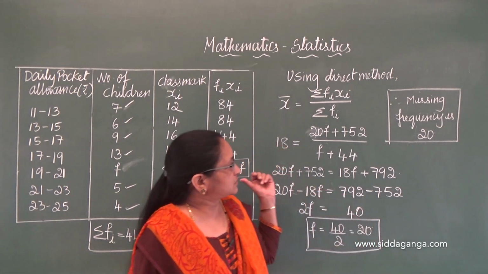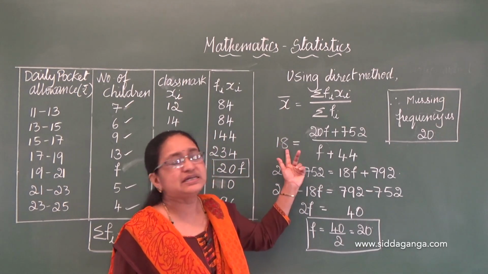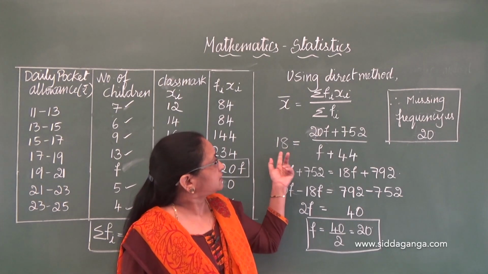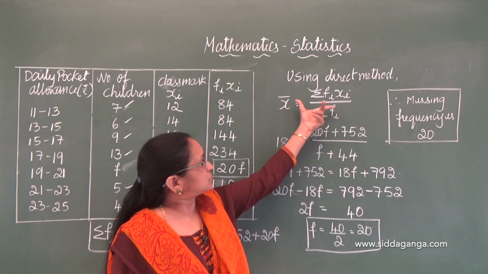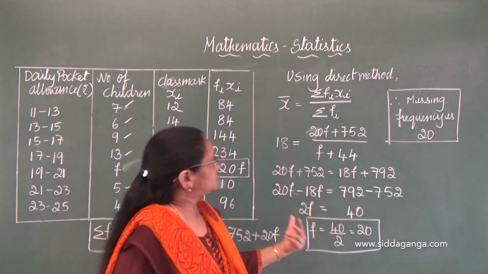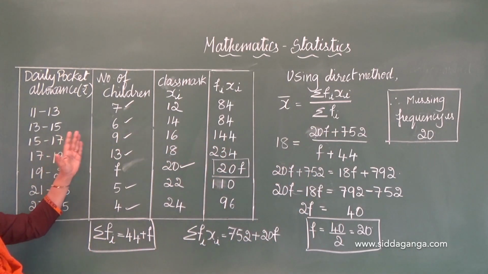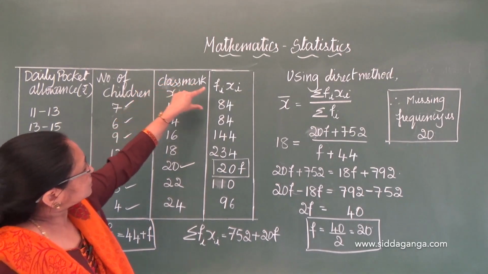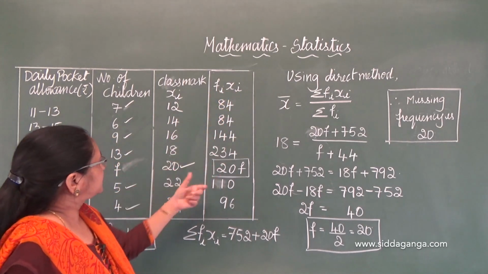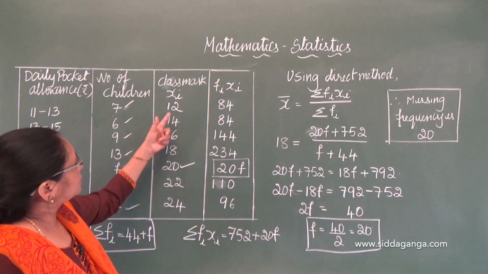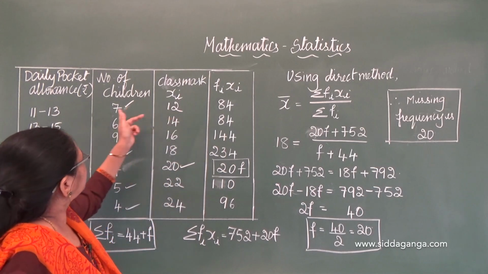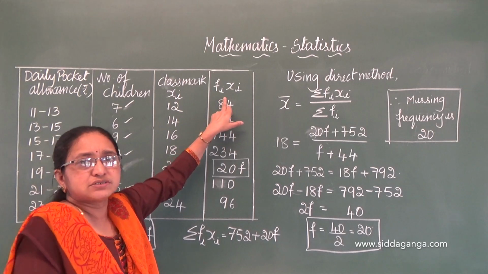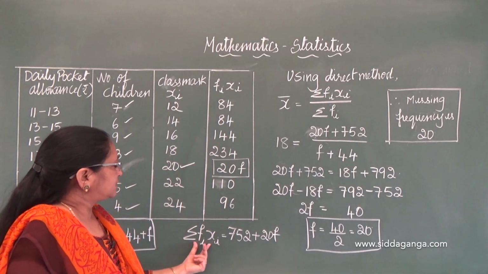So whenever they give a missing frequency, definitely they will give the mean here. So 18 is the mean in this question. Okay, they will give that. So utilize that and substitute all the values, and you can do it. See here once again, this is the class column, and the next is class mark, and the next column is Fi Xi. When you do the class mark, you all know how to do it. Then multiply, and after multiplication you find the summation, that is sigma Fi Xi.